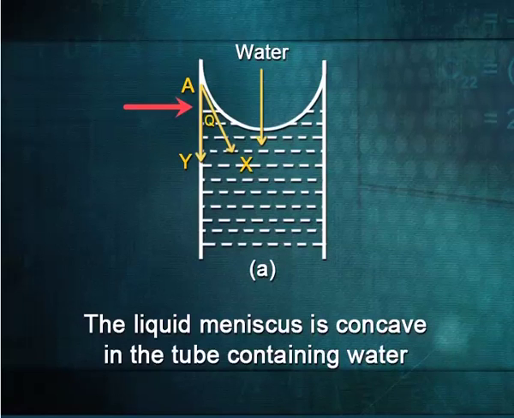So, as you are able to see, theta is acute, it is below 90 degree. So, those liquids which form angle of contact below 90 degree, that is acute, they always form concave meniscus. As shown in the figure, the meniscus is concave in nature.